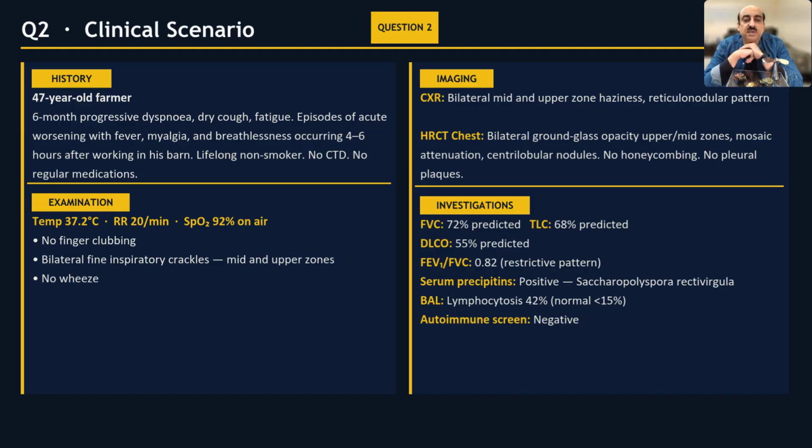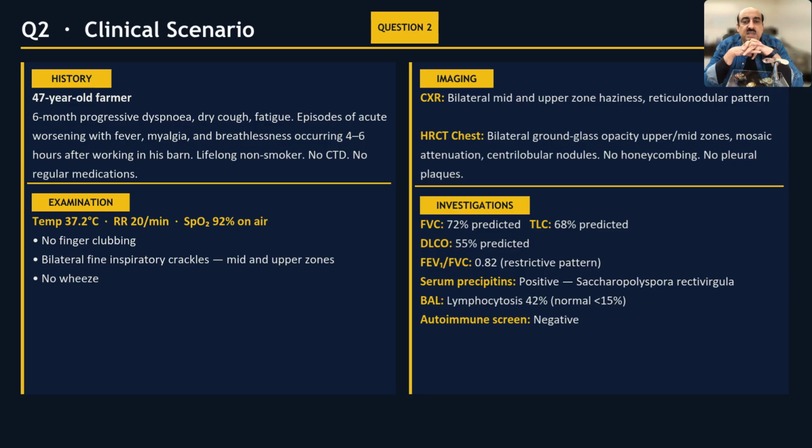Clinical examination revealed his temperature to be 37.2 degrees Celsius. His respiratory rate was slightly up at 20 breaths per minute. His oxygen saturations were 92% on ambient room air. There was no finger clubbing, and on chest auscultation, he has bilateral fine inspiratory crackles, especially in the middle and upper zones. There is no wheezing audible on auscultation.